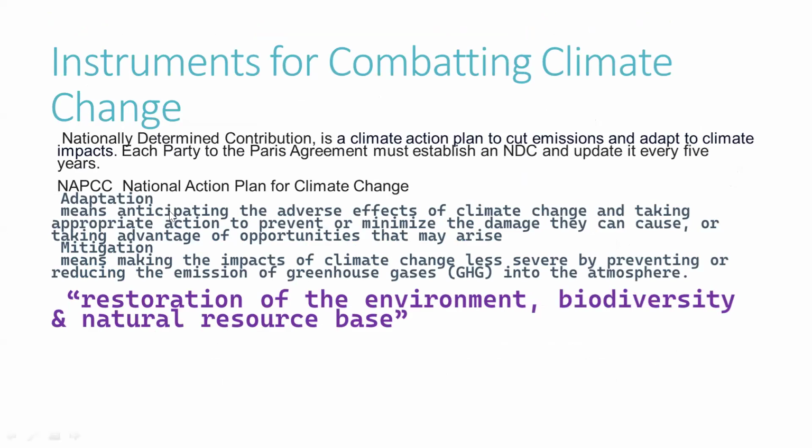Adaptation means anticipating the adverse effects of climate change and taking appropriate action to prevent or minimize the damage they can cause, or taking advantage of opportunities that may arise. Mitigation means making the impact of climate change less severe by preventing or reducing the emission of greenhouse gases into the atmosphere.